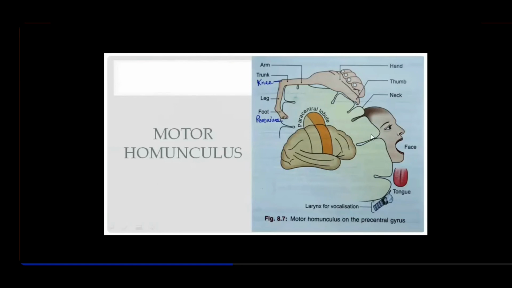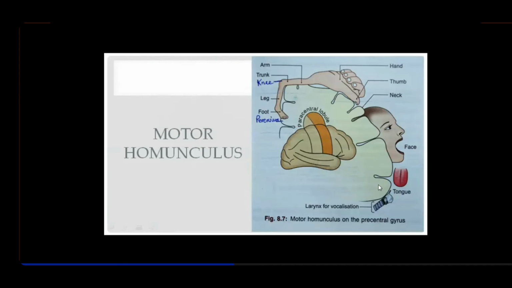Then another important thing is you can see that the parts of the body are shown disproportionately. Some areas like you can see the tongue, the face, the muscles of the lips, thumb, index, palm, all these have been assigned a bigger area.